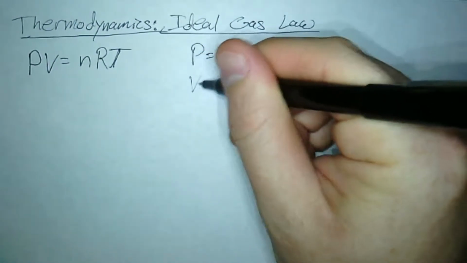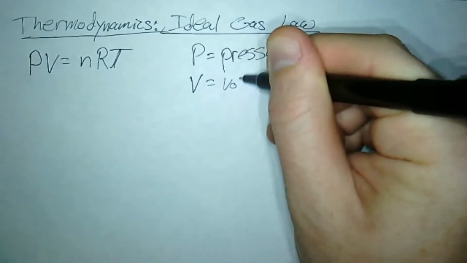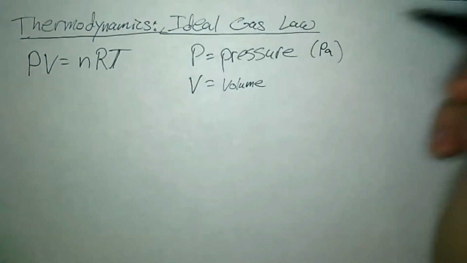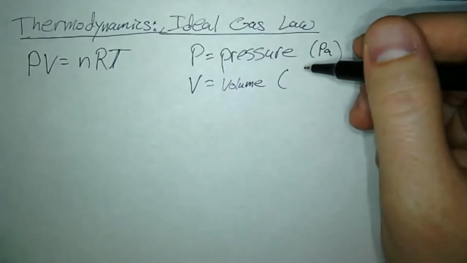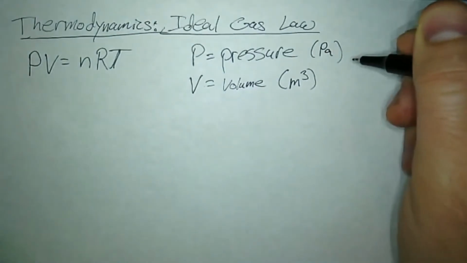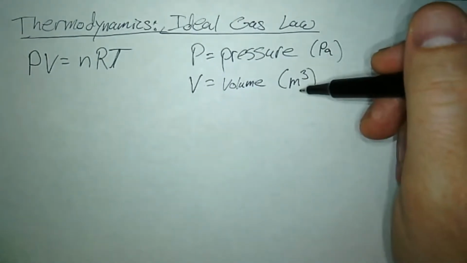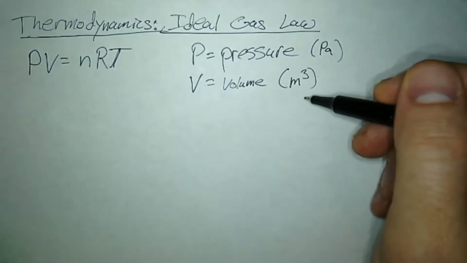V is volume. Now here's a big difference from chemistry. In physics, we like to use SI units, whereas in chemistry they don't. They like to use liters or some nonsense like that. We're going to use meters cubed because that's the SI unit for volume, which is length by another dimension of length. So it's going to be meters cubed.